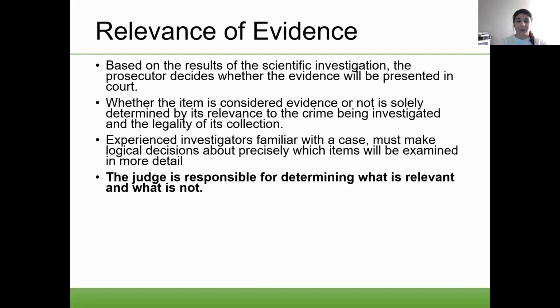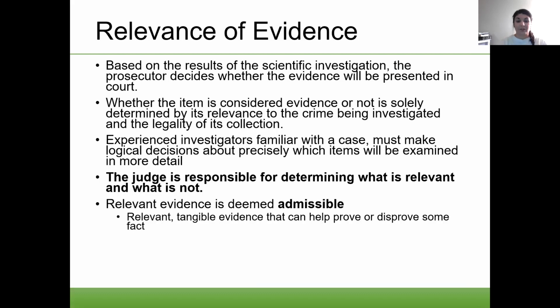The judge is responsible for determining what is relevant and what is not in court. Relevant evidence is deemed admissible, which is relevant tangible evidence, physical evidence, that can prove or disprove some fact.